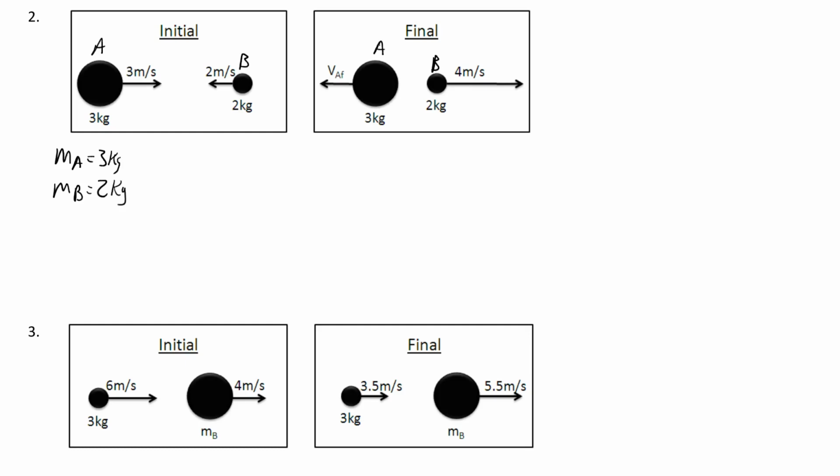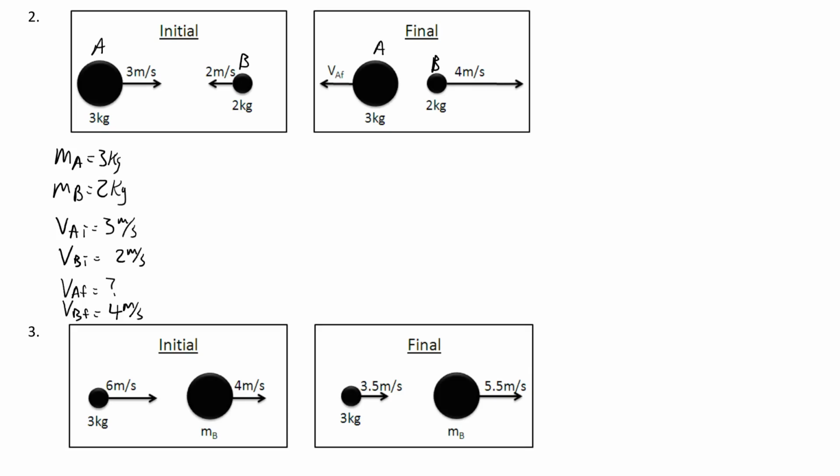Then the velocities, because the mass doesn't really change: the velocity of A initially is 3 meters per second, and the velocity of B initially is 2 meters per second. The velocity of A after the collision, we don't know what that is, and the velocity of B after the collision is 4 meters per second.